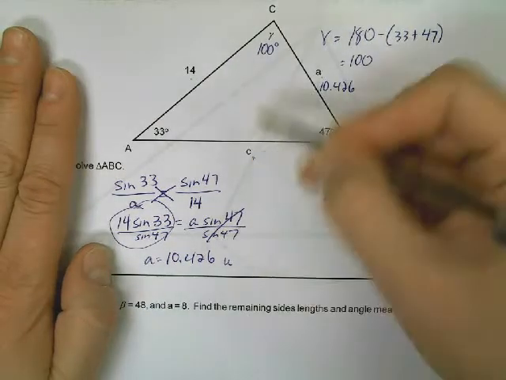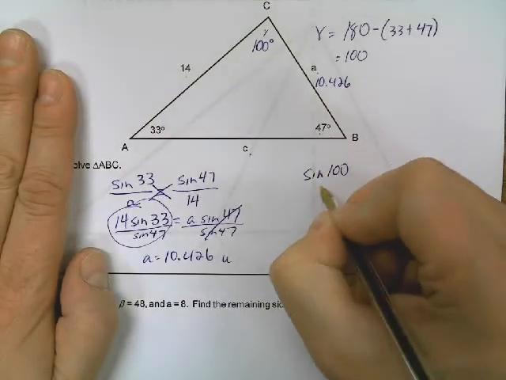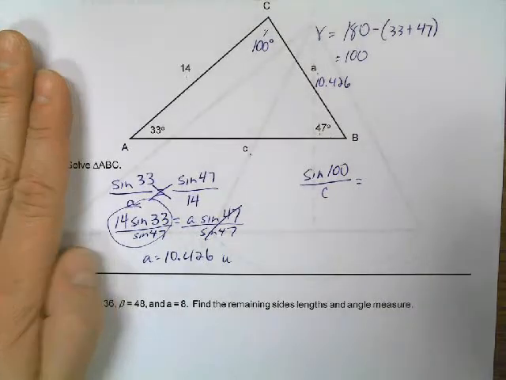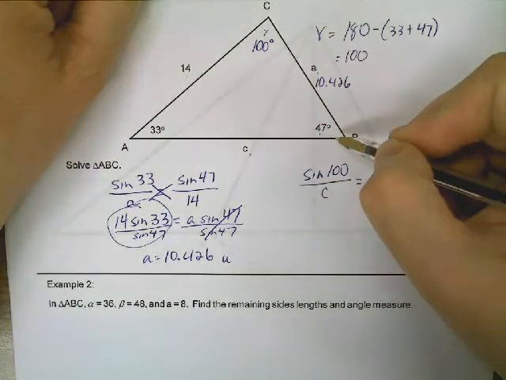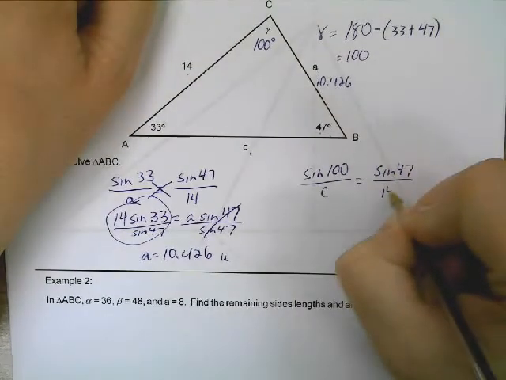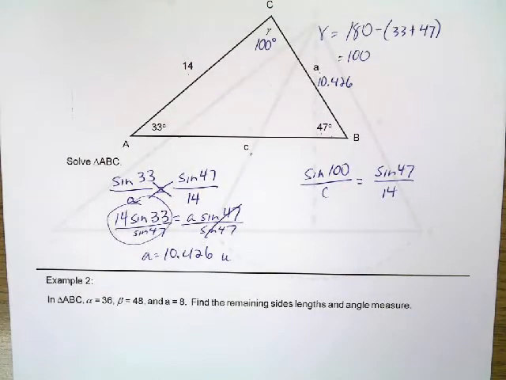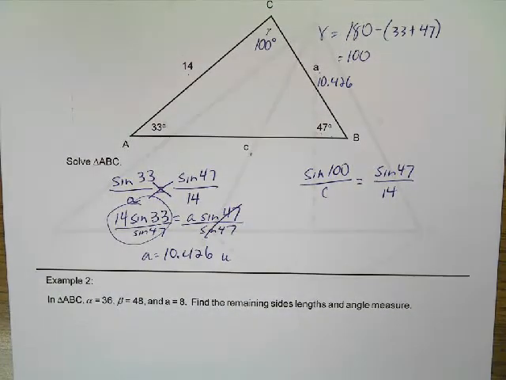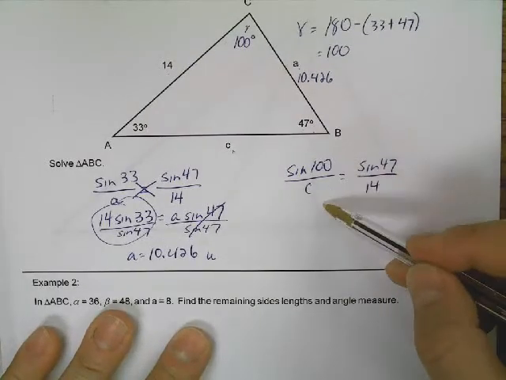C is across from the 100, so I'm going to say sine of 100 over C is equal to, and just to avoid using decimals, I'm going to use the 14 and the 47 again, so the sine of 47 over 14. Now, be careful, this formula is just two fractions made up exactly the same way: the sine of an angle divided by the side across from that angle.